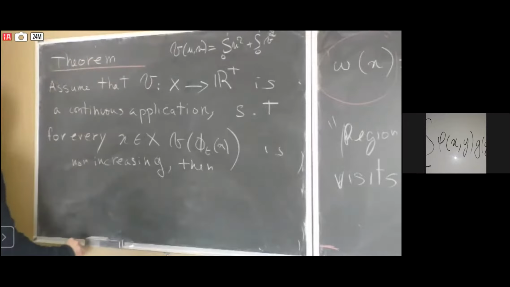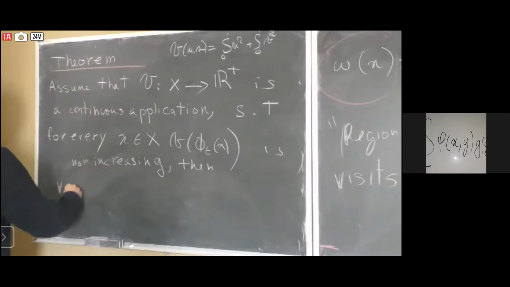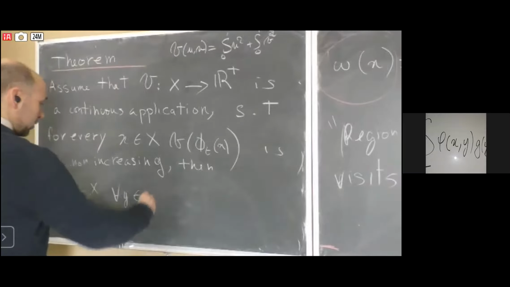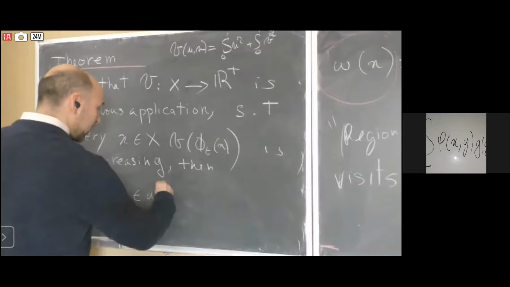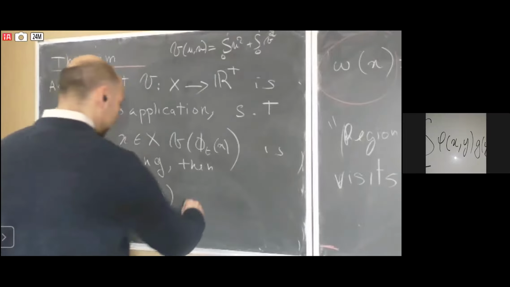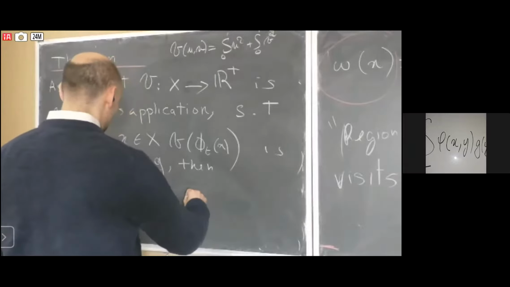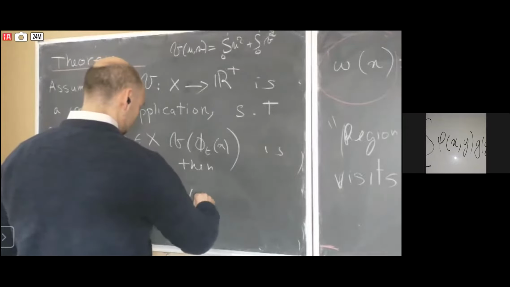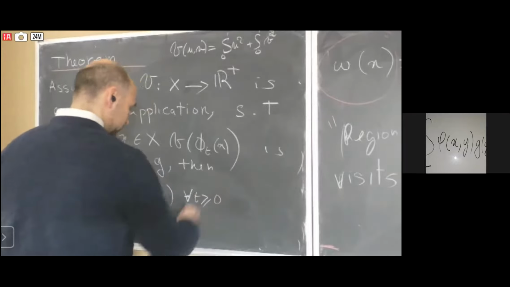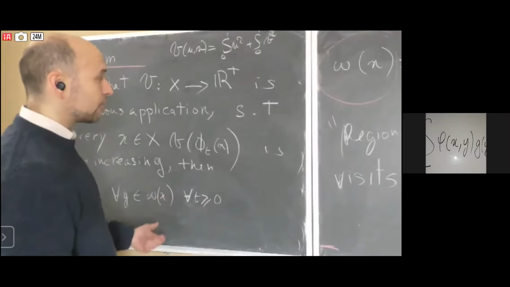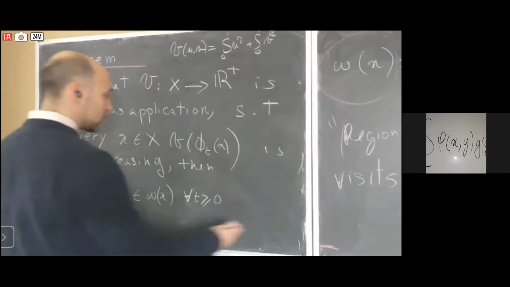And then, what? For every x in X, for every y in the omega limit set of x, and for every t positive, of course, we assume that my solution phi is defined for all t.